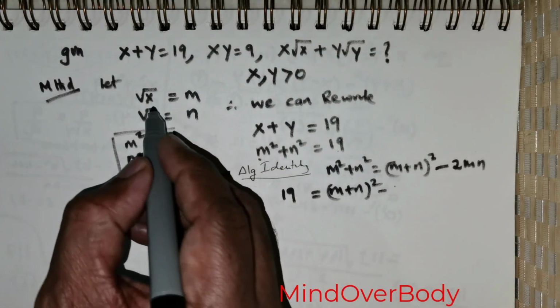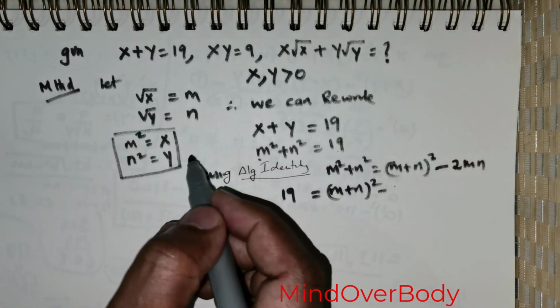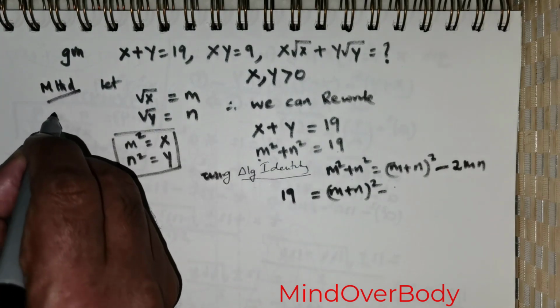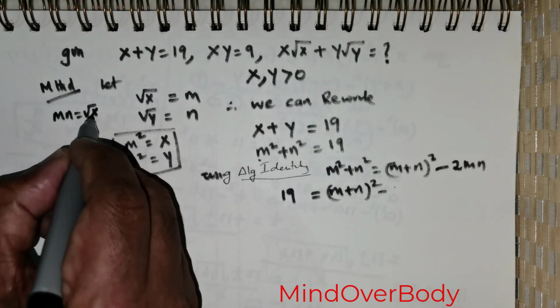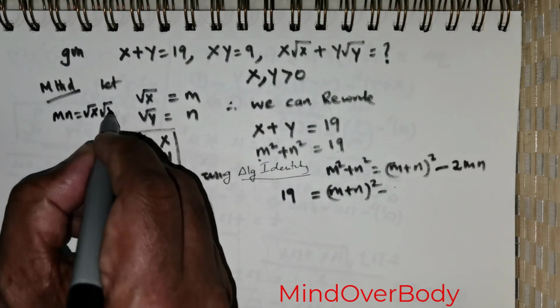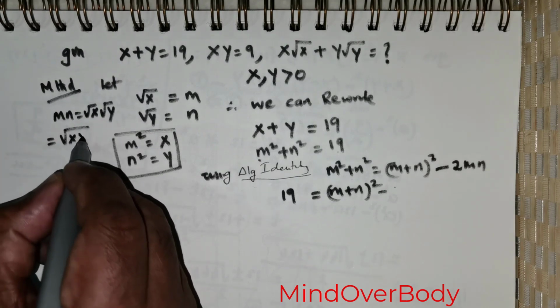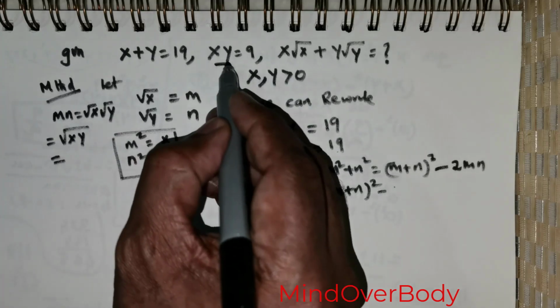Now m is root of x and n is root of y. Let me just write that down. m times n is nothing but root of x multiplied with root of y. So this is going to be square root of x times y, which is equal to, now x into y is 9.